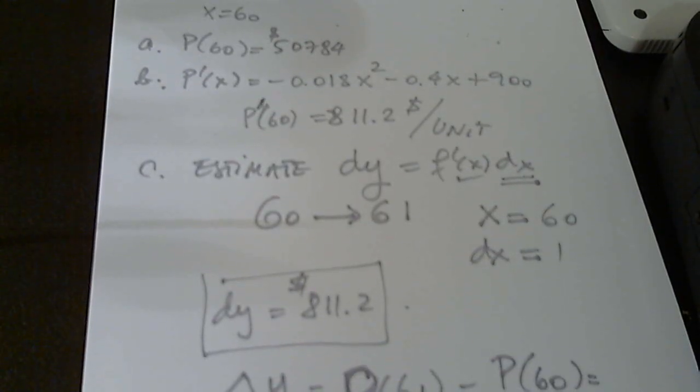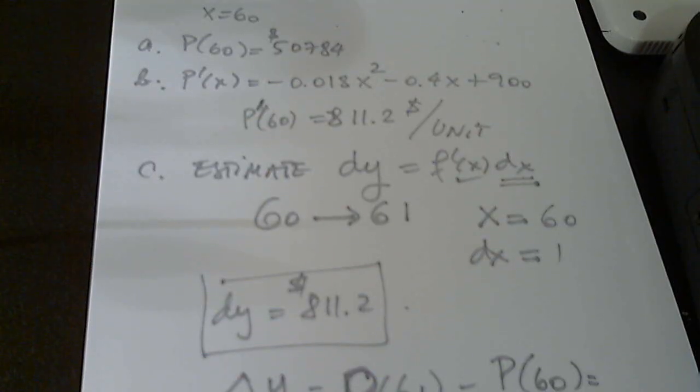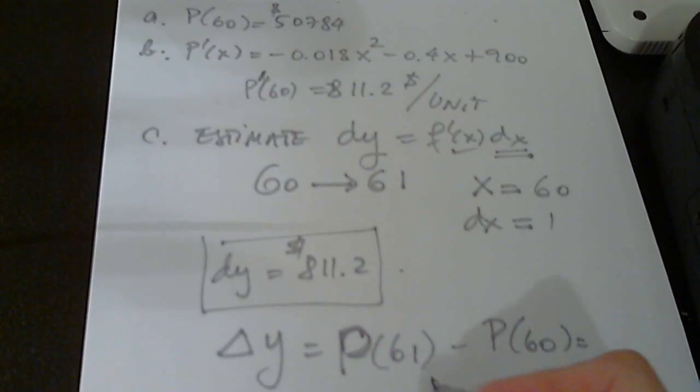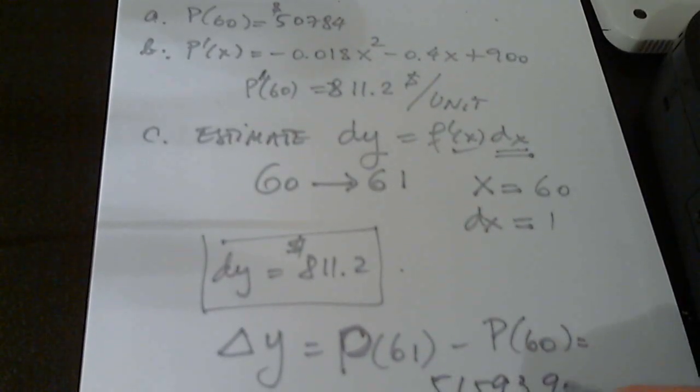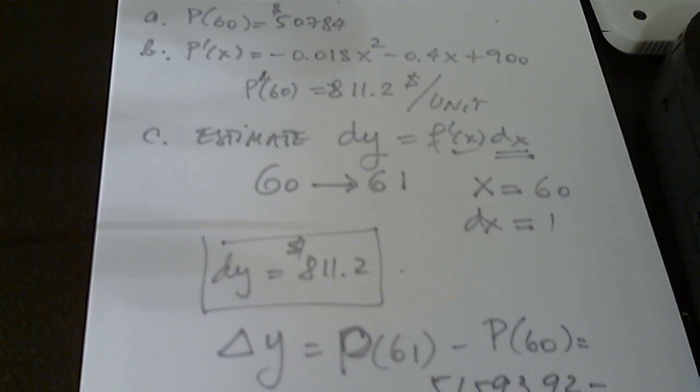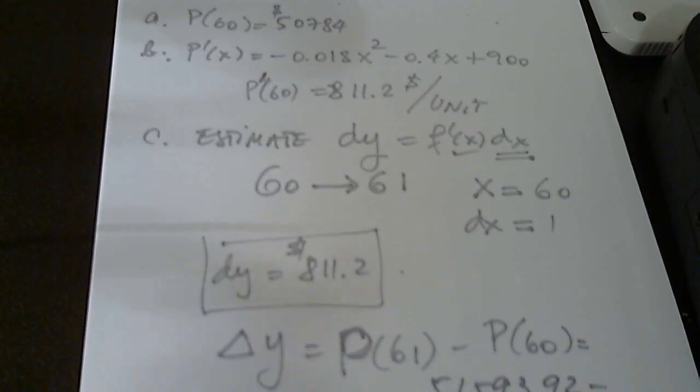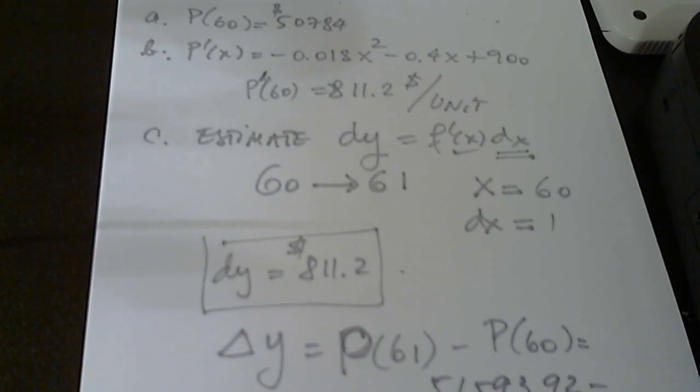So all I have to do is just calculate the original function for 61. So here it is. For 61, we have 51593.92 minus what we had before, 50784. So from 51593.92, we subtract 50784.